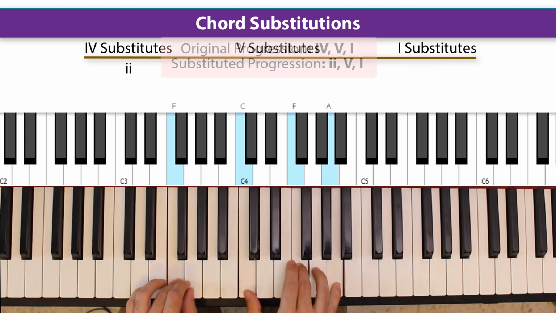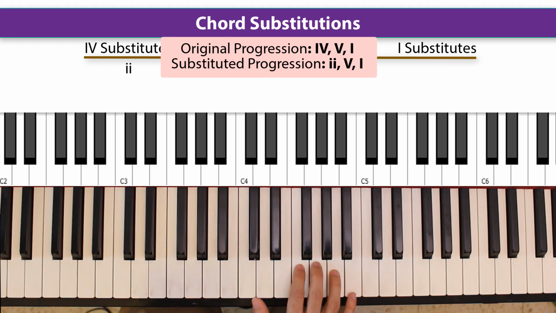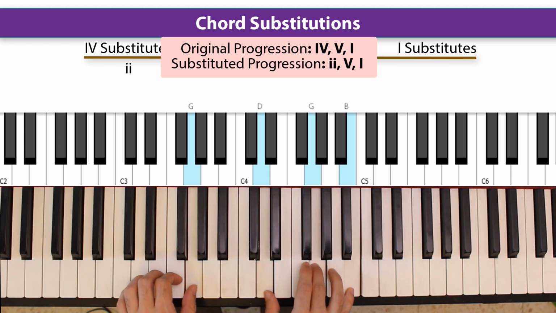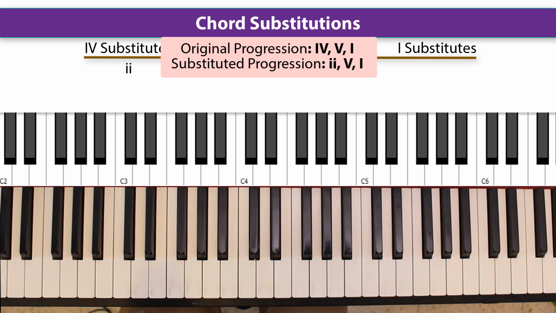So in a 4, 5, 1 progression, you can change the 4 for a 2 minor. Meaning that the 2 minor is an adequate substitute for the 4.